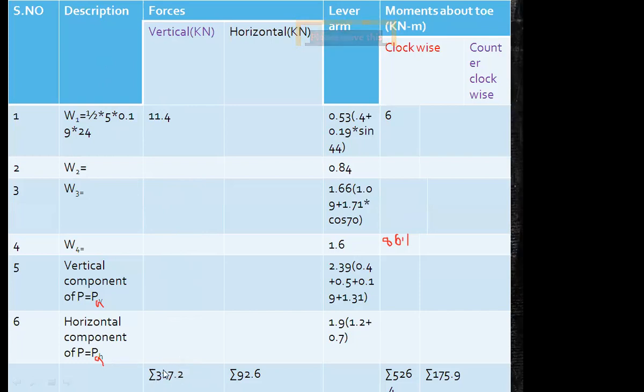Are you getting the same value here? The horizontal component sum, yes, ma'am, 317.2. So మనకు horizontal component ఒకటే ఉంది 92.6. The same thing we'll write here. Okay, summation of all these are zeros. Okay, 92.6. So lever arm, no need to mention summation, and you need to add the moments also now.